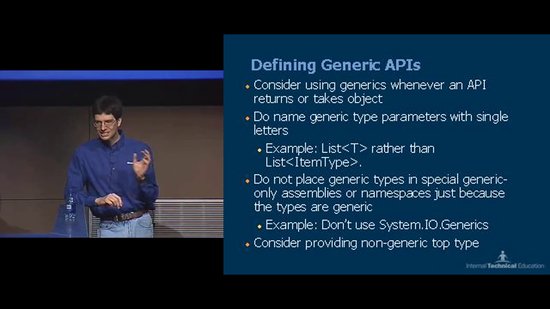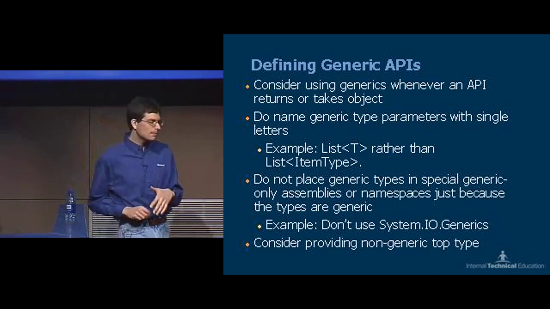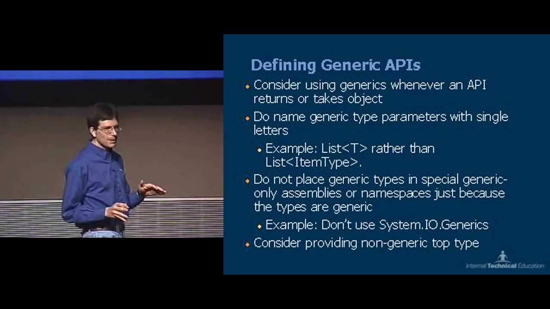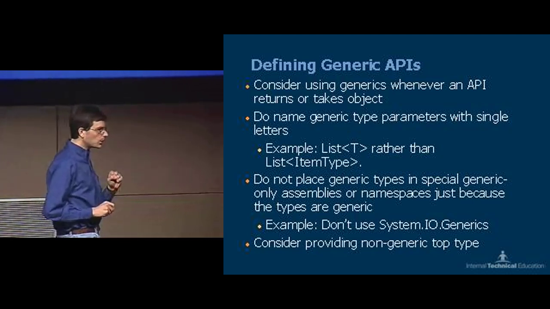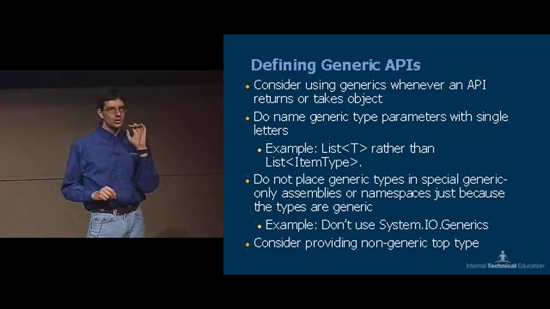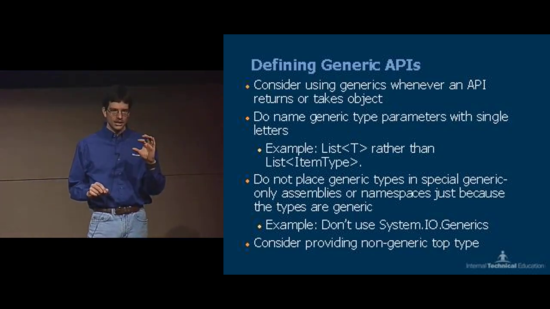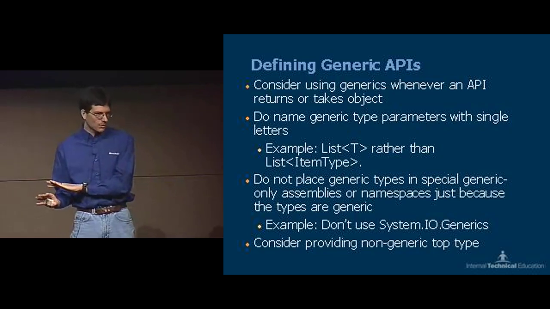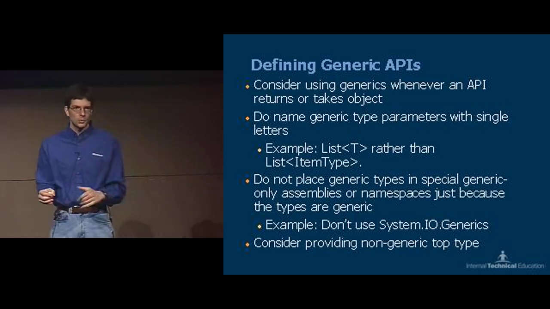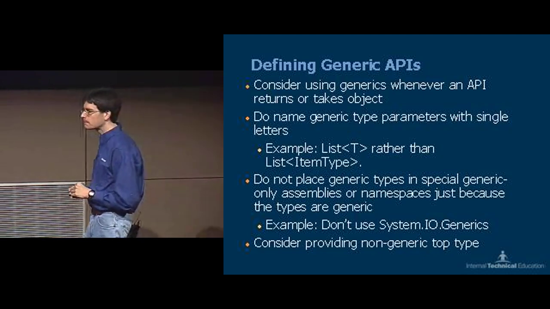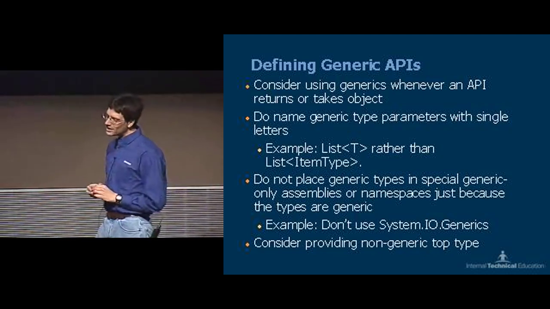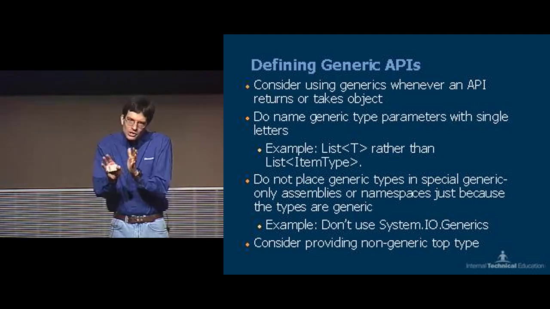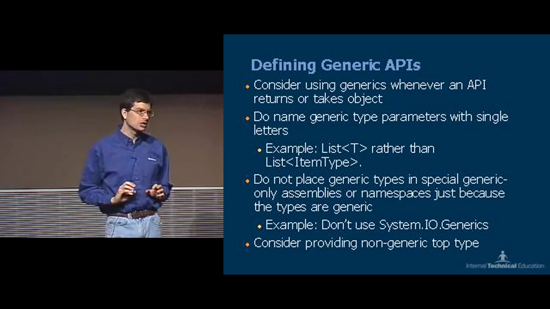So it's List of T, not List of item type. We wrestle with this a fair amount, but the reason is we really wanted these generic types to stand out as something different. They're not like a regular type. They're not like a regular variable. We wanted them to stand out and feel different. And we also wanted to constrain the use of generics a little bit.